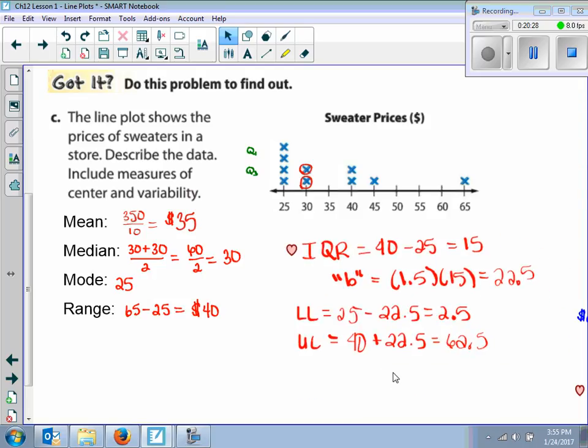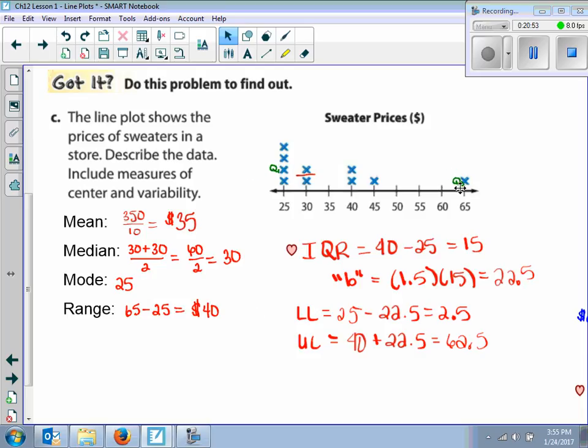All right, so the first thing we need to do is find the interquartile range. Now, remember, the median is between those two 30s, right? So, quartile 1 is 1, 2, and then one more. There's quartile 1, 25.